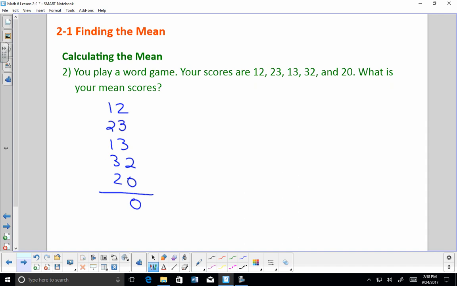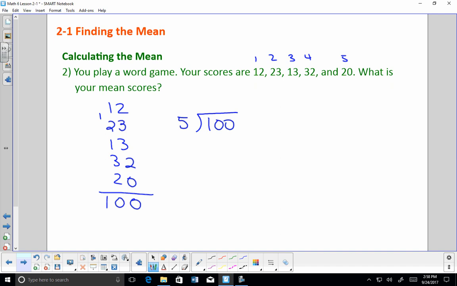Carry my 1. 2, 3, 4, 5, plus 3 is 8, plus 2 more is 10. So if I add all this up, I get 100. I have 1, 2, 3, 4, 5 data points. So I'm going to take my 100 and divide it by those 5 data points. You always take your total and divide it by the number of data items that you have.